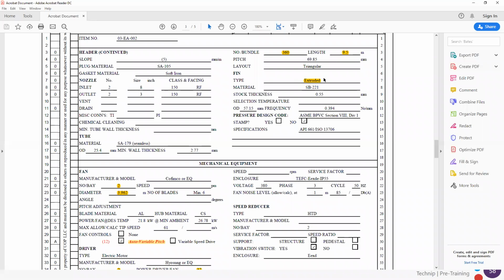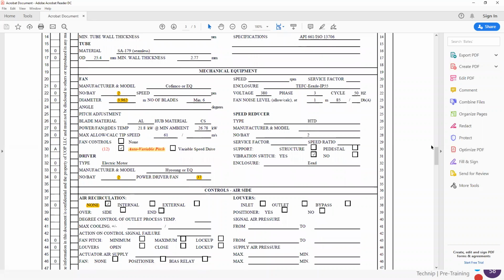We have extruded fins. We have 2 fans per bay with a very large fan diameter. We also want to control the airflow with an auto variable pitch. It means that the blades can move. And this is the power of our air cooler per bay.